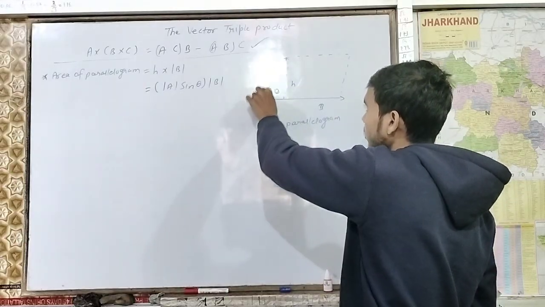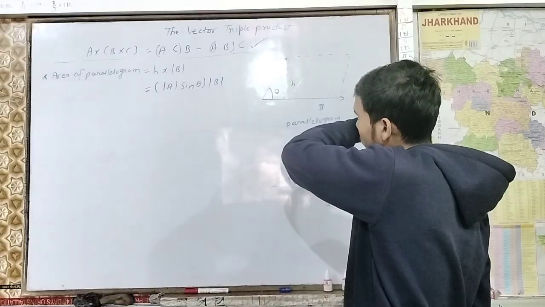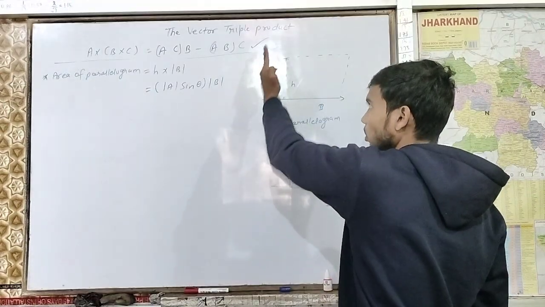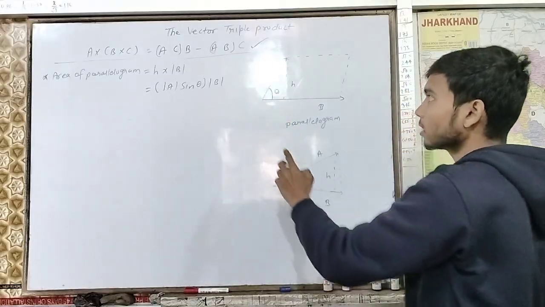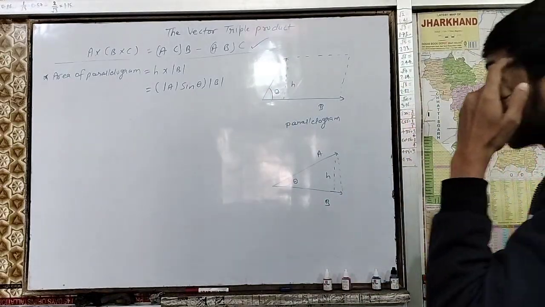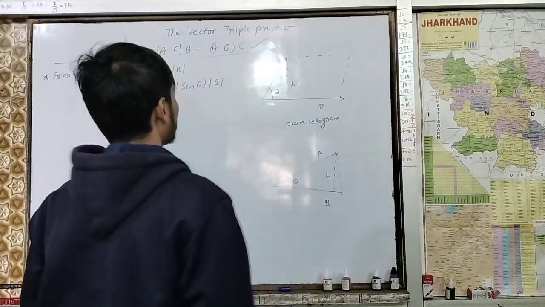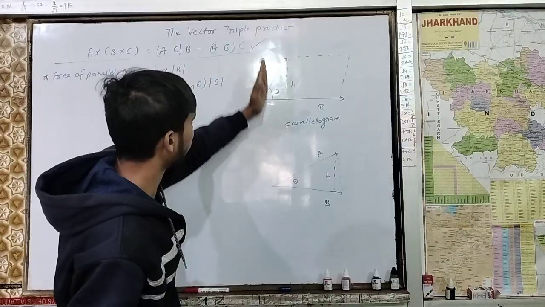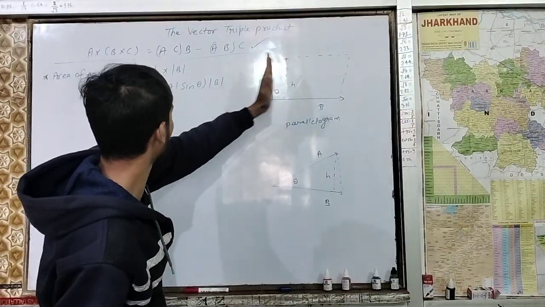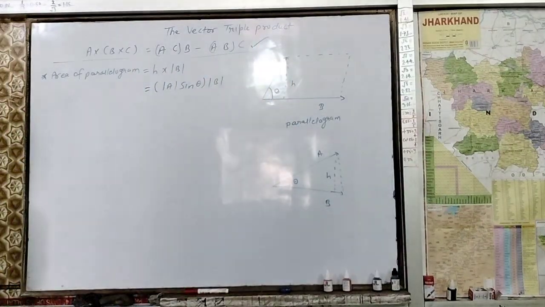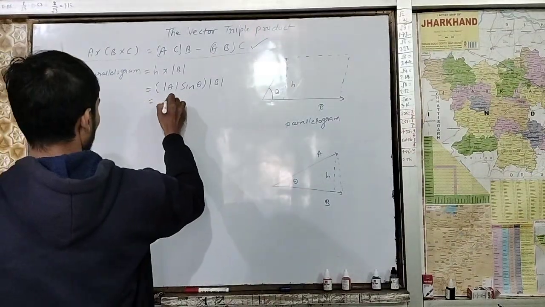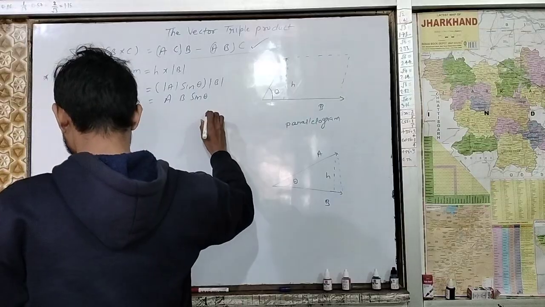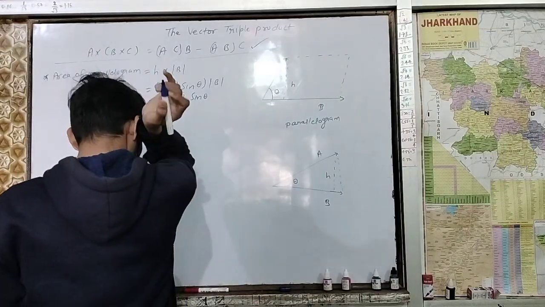Since we want the vertical, the vertical is our sin theta. Clear? One is this component and one is the vertical component. So we want the vertical component: A sin theta into B. So finally we got A B sin theta. Clear?